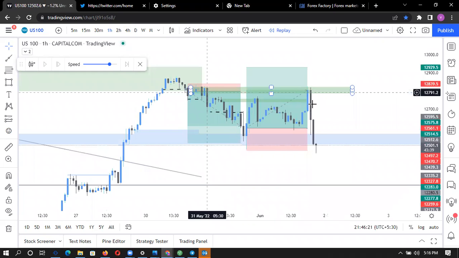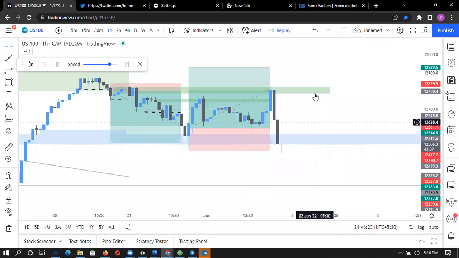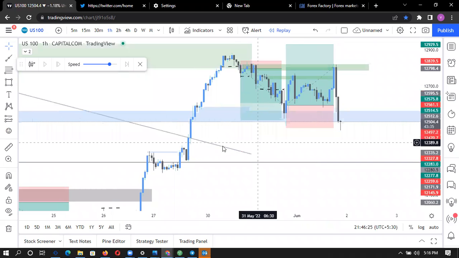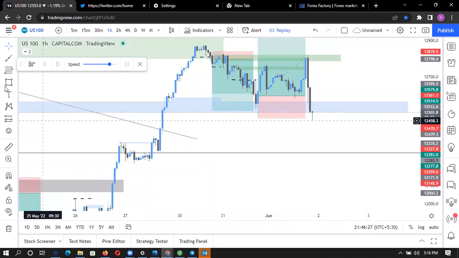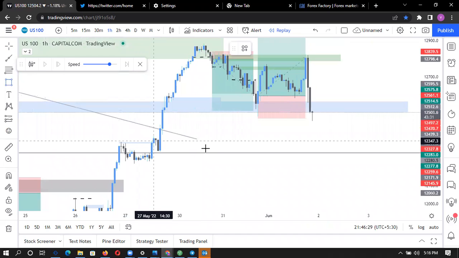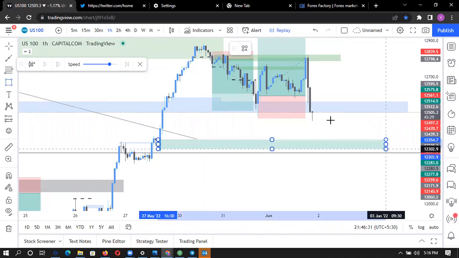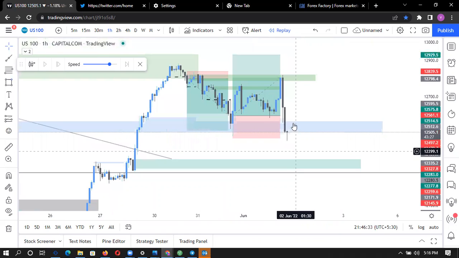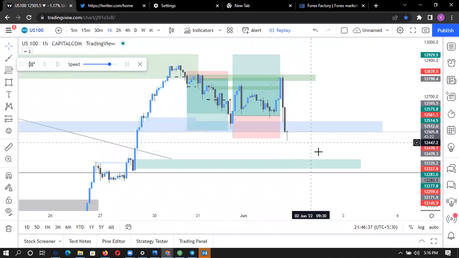So this will be pretty active, and what I could say is that the price could drop lower. Obviously, we could be expecting it to drop back to this OB, or we could be expecting the rejection starting from here. We could expect the price to mitigate here for a while before taking any decision.